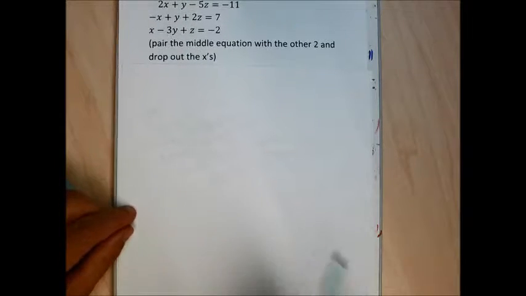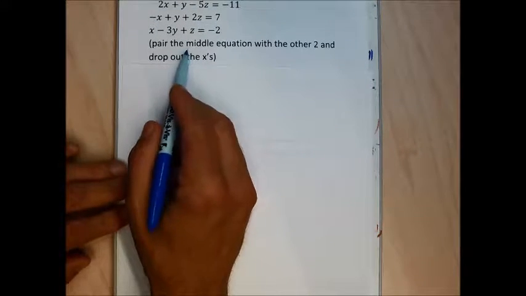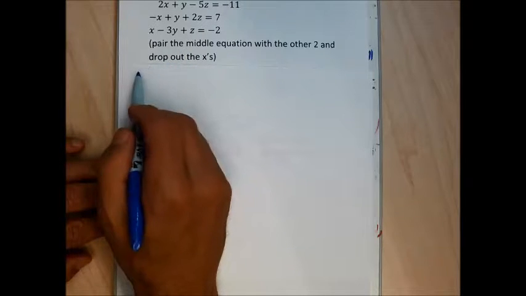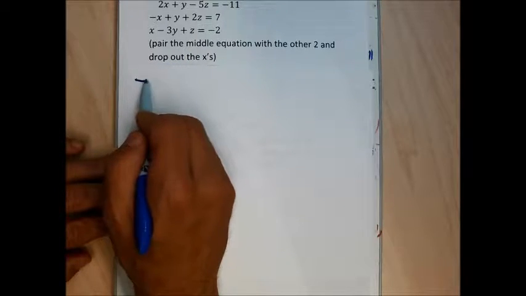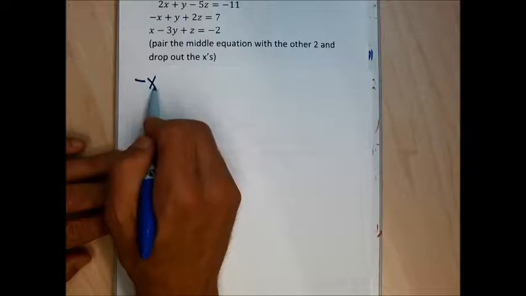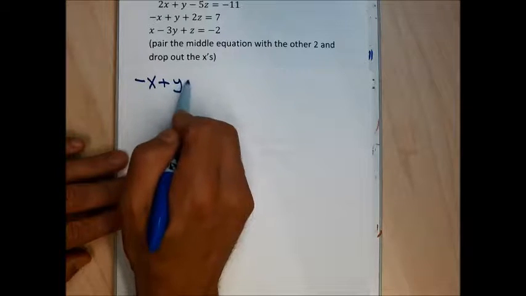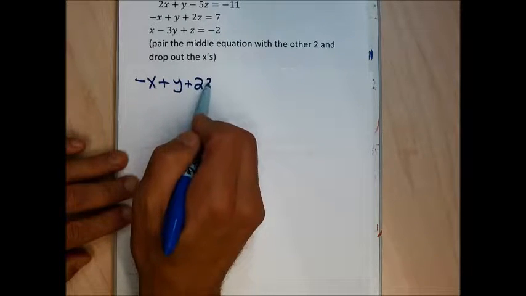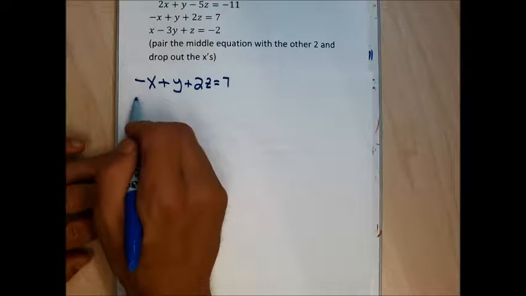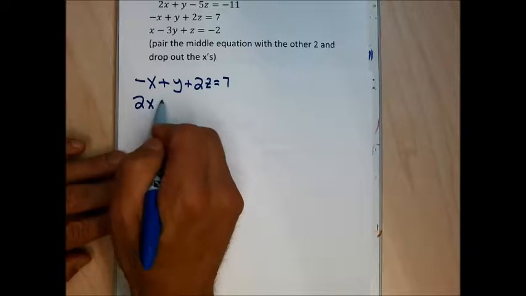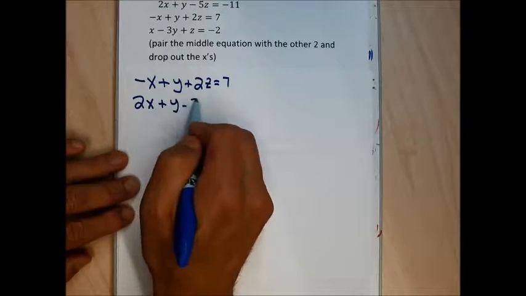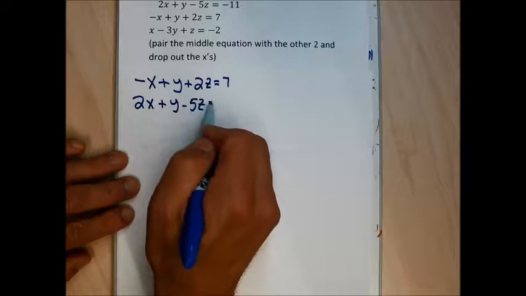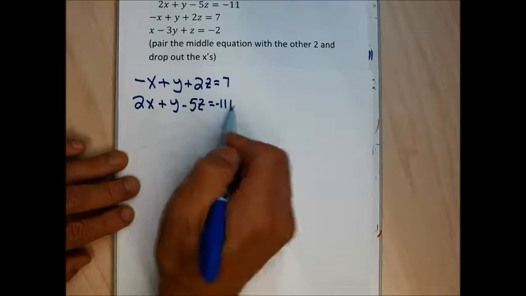So my first step in 39 is to pair the middle equation with the other two and drop out the x's. So I'm going to take the middle equation, which is negative x plus y plus 2z equals 7. Pair it with the top equation, 2x plus y minus 5z equals negative 11.